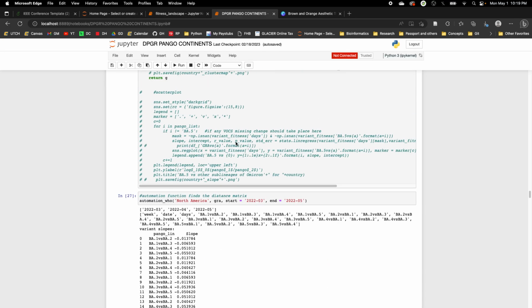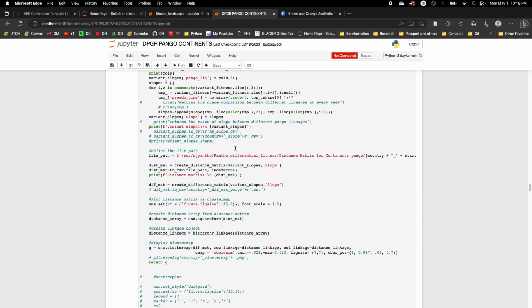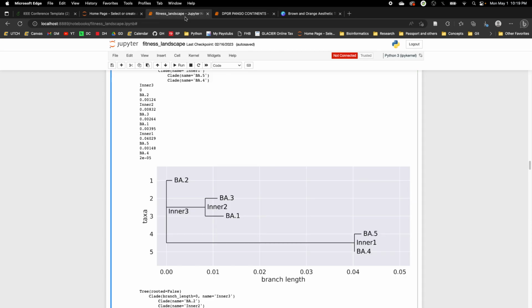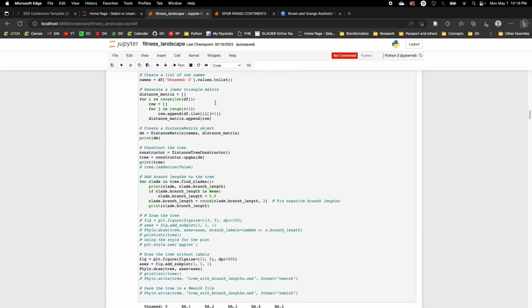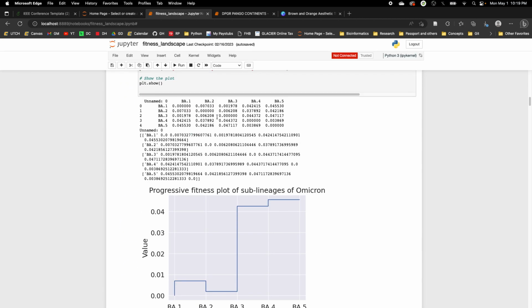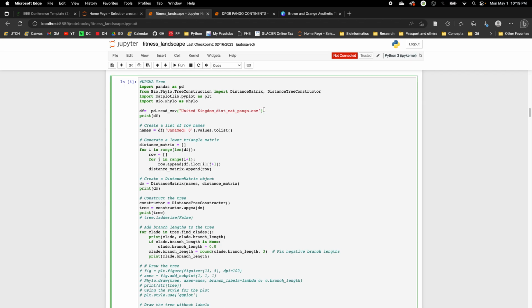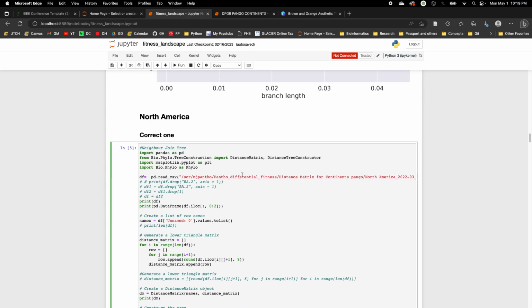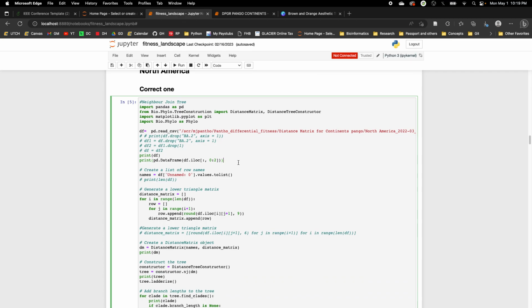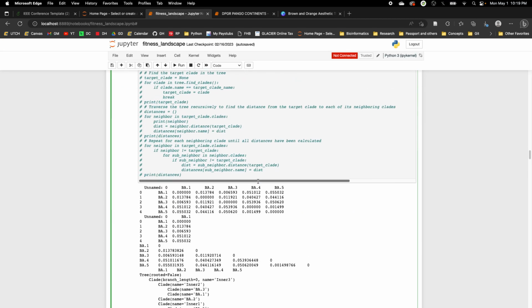So after creating the pairwise distance matrix, we exported it into a CSV file, and in another notebook, we loaded the pairwise distance values in the CSV format, and the distance matrix looks something like this.